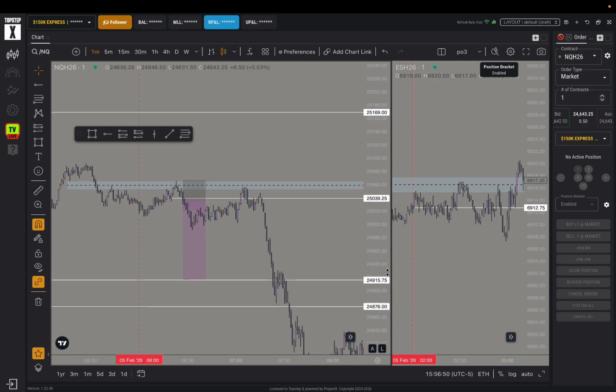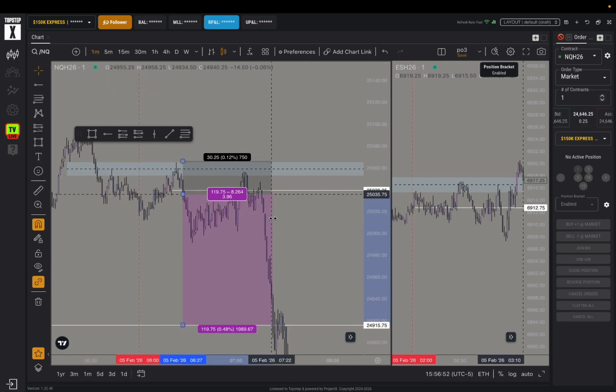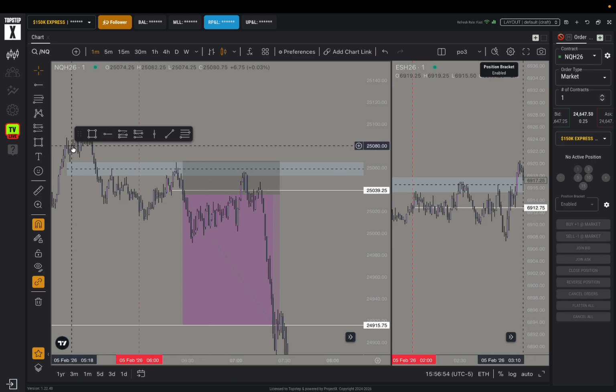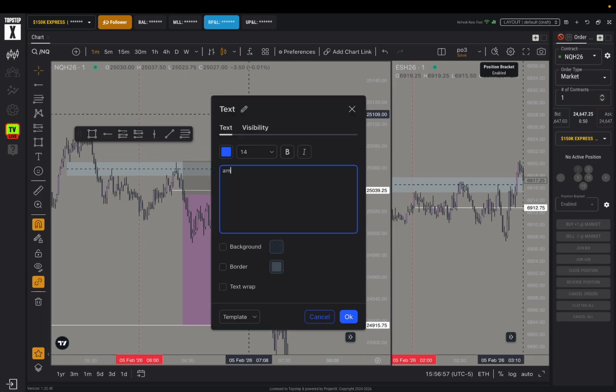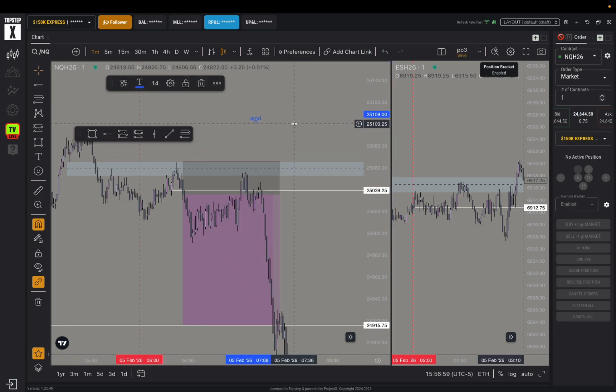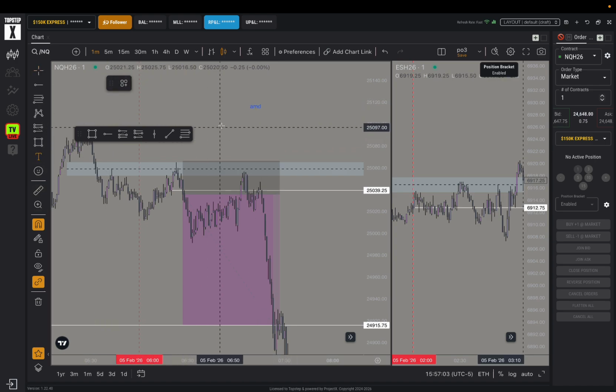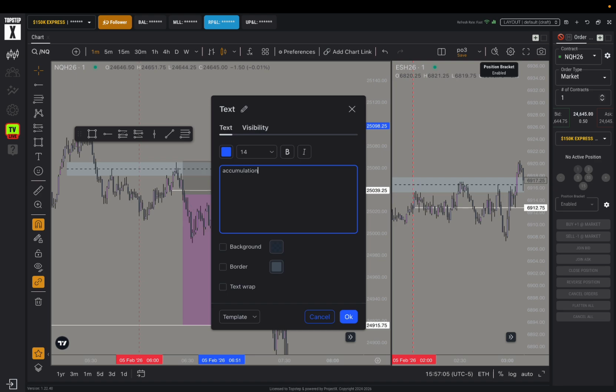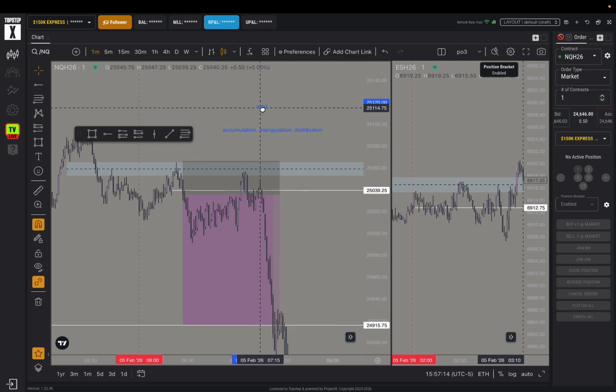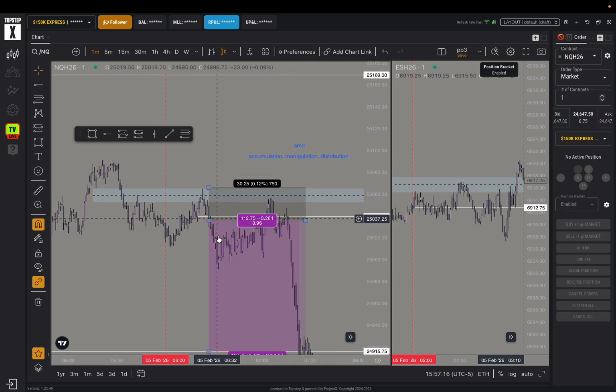And this is an example of a perfect AMD. So AMD stands for, one second, accumulation, manipulation, and distribution. So I'm explaining to you shortly what that is.